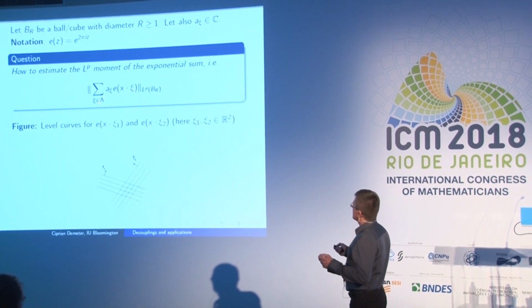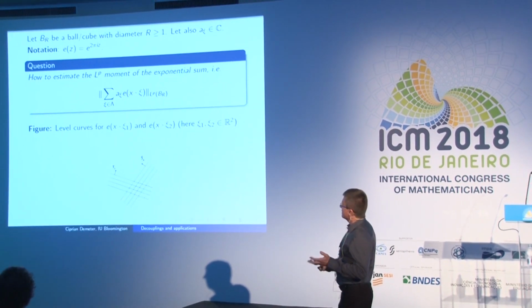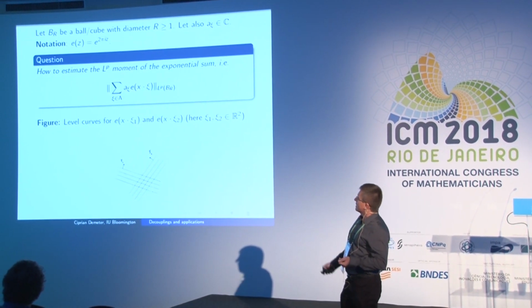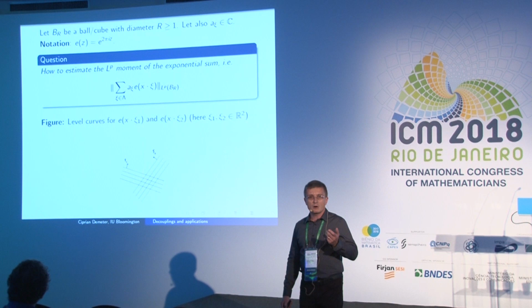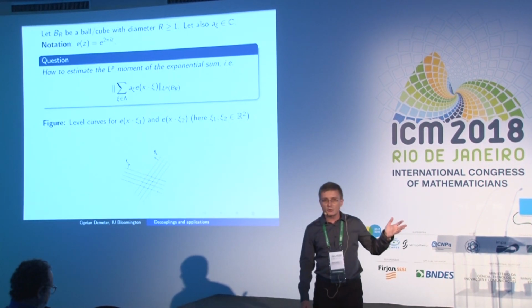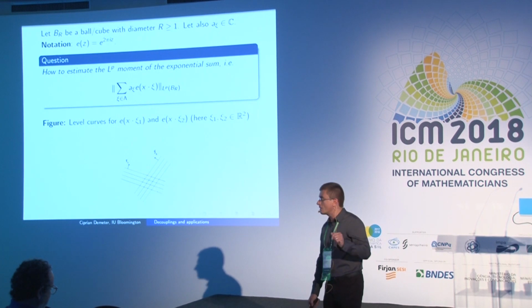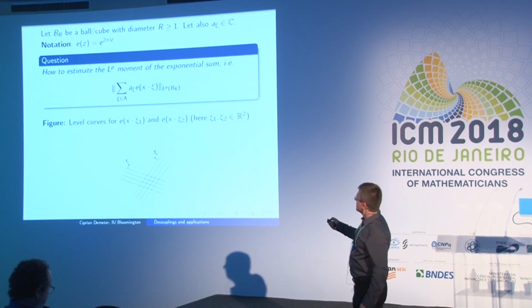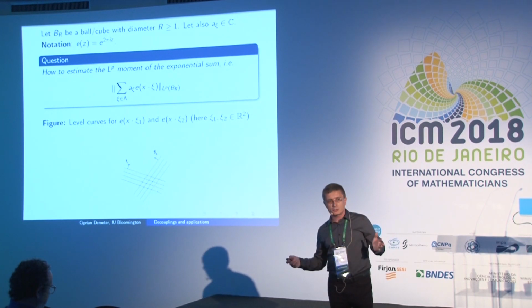I have a bunch of frequencies, as I said, in R^n on the manifold. And then I want to look at this exponential sum. And given a spatial ball B_r, an arbitrary ball of diameter roughly r, or maybe a cube of side length roughly r, I would like to estimate the L^p moment on that spatial ball.